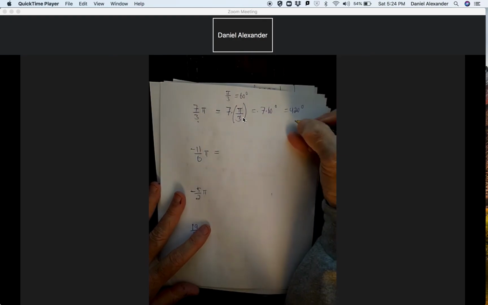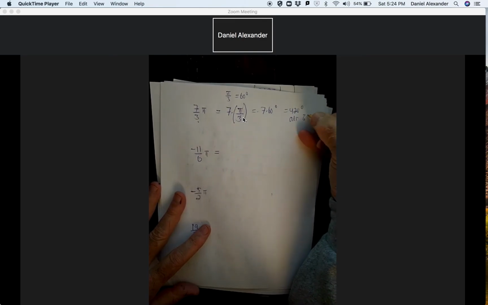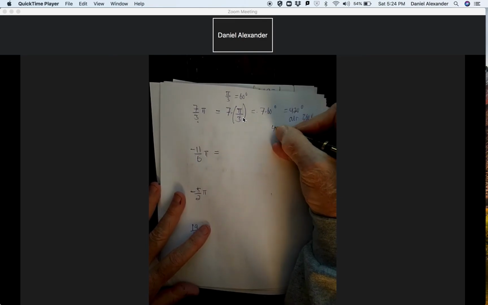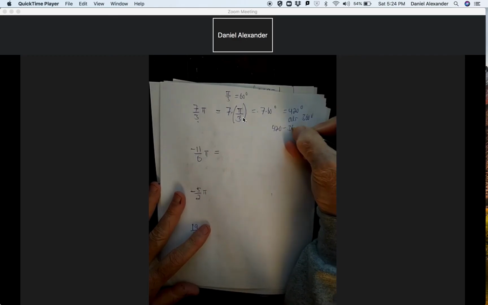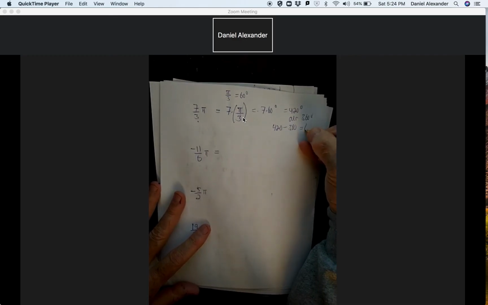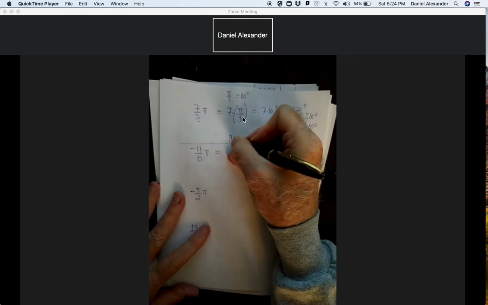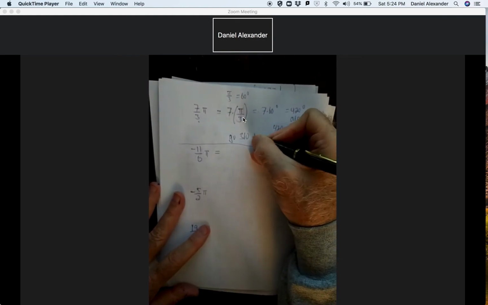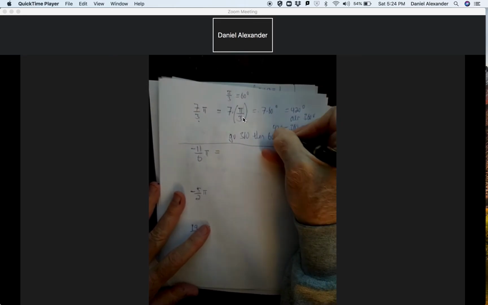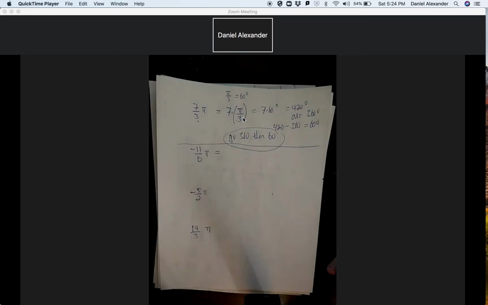And really, that's going to be over 360. So I want to find out how much over. Well, 420 minus 360, that's going to be 60 degrees. So this angle is going to be 360, then 60. And it's a positive angle.